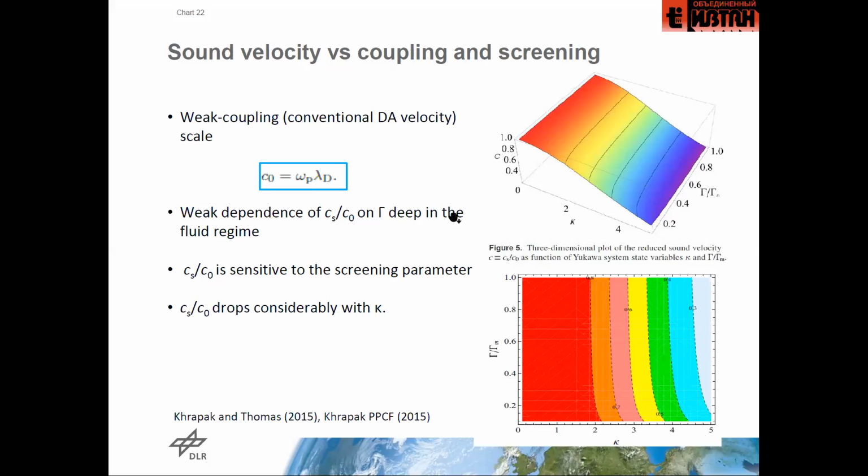And the situation is shown on these two figures. First of all, we see that deep in the fluid regime, the ratio of the actual sound velocity to this dust acoustic scale is practically constant.